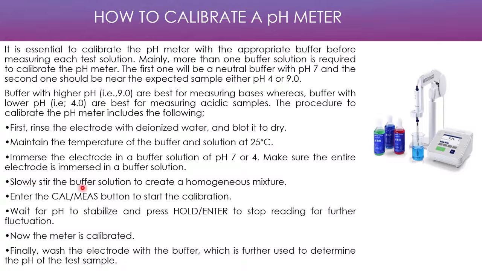Slowly stir the buffer solution to create a homogeneous mixture. 5. Press the calibrate or the measure button to start the calibration. 6. Wait for the pH to stabilize and press hold and enter key to stop reading for further fluctuation. And now the meter is calibrated. Finally, wash the electrode with the buffer, which is further used to determine the pH of the test sample.